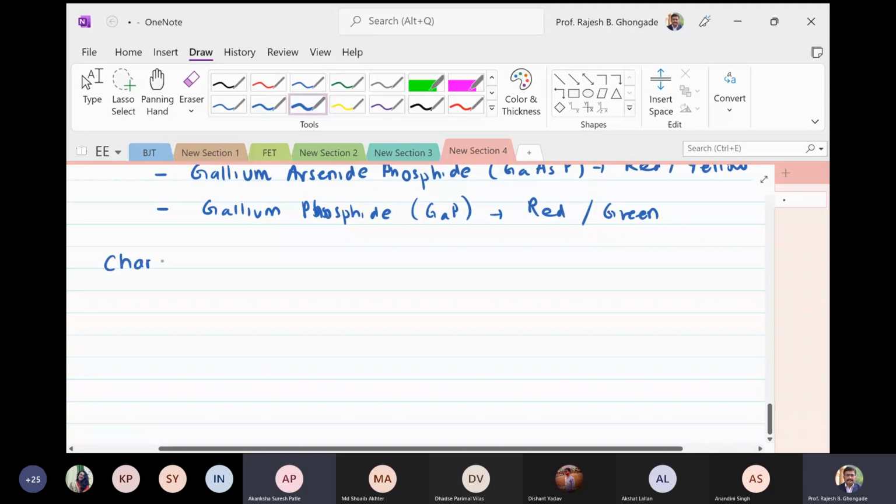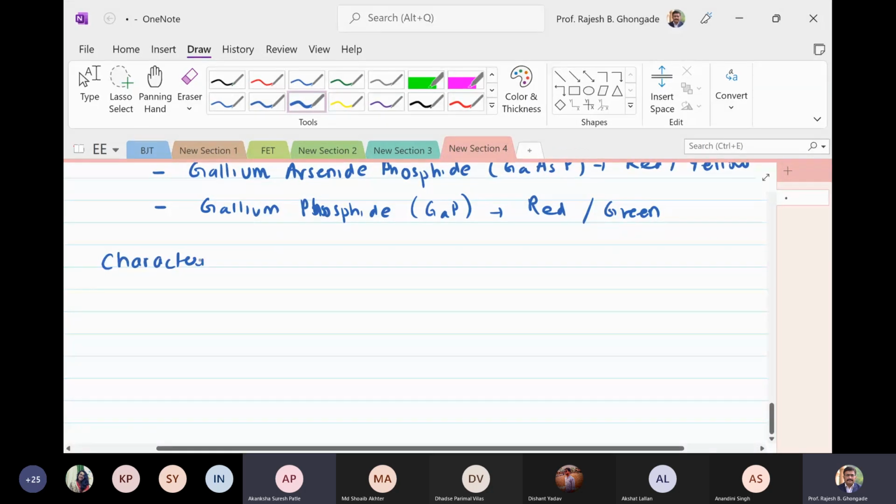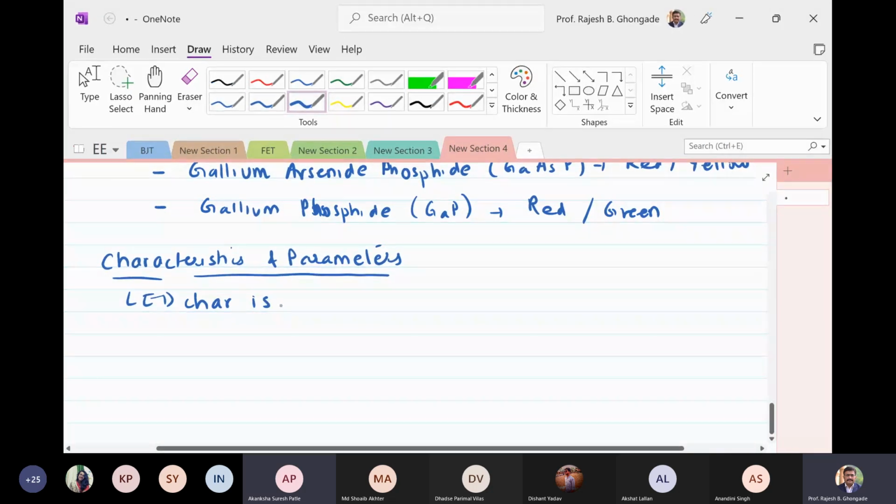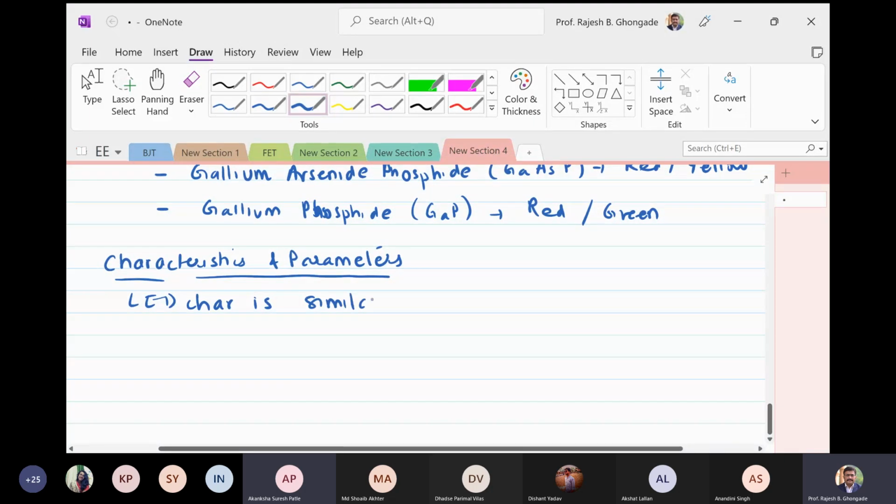Let us have a look at the characteristics and parameters. Now, since it is a diode, what do you expect the characteristics to be? Since it is a PN junction, the LED characteristic curve is similar to what?